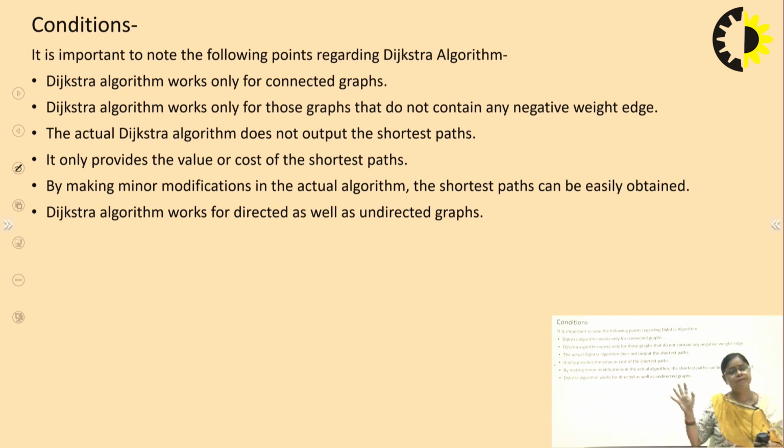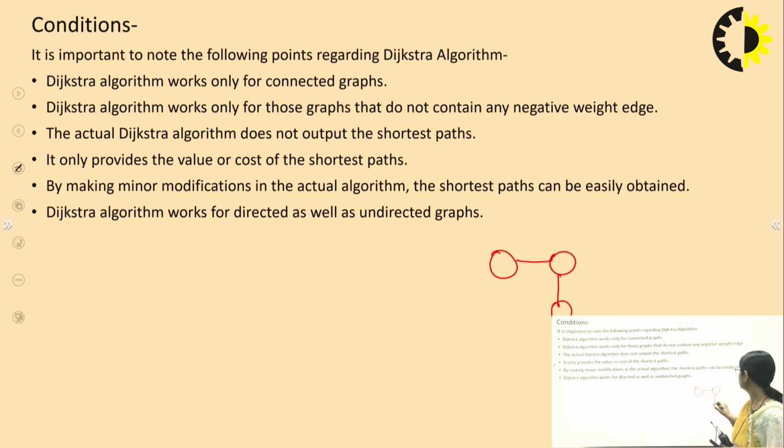So what are the important conditions when we are working on the Dijkstra algorithm? First and foremost, the Dijkstra algorithm works only for connected graphs. Remember that the Dijkstra algorithm works only for the connected graph. Okay, it may be a directed graph or it may be an undirected graph.